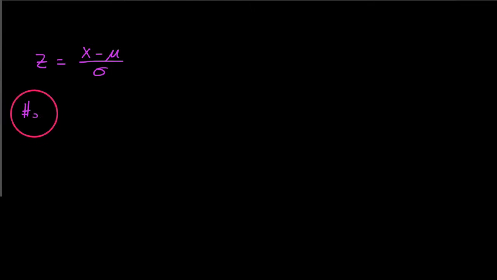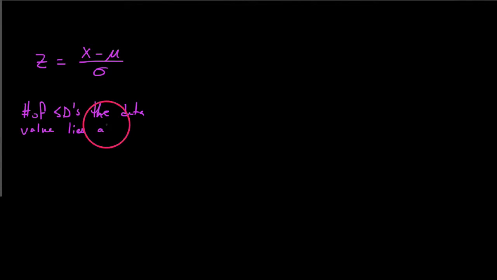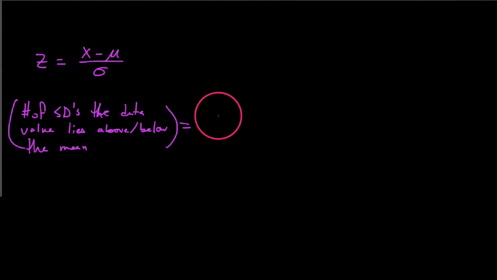We have the number of standard deviations the data value lies above or below the mean. That's our z-score. What this is equal to is the data value. Let me write it this way.